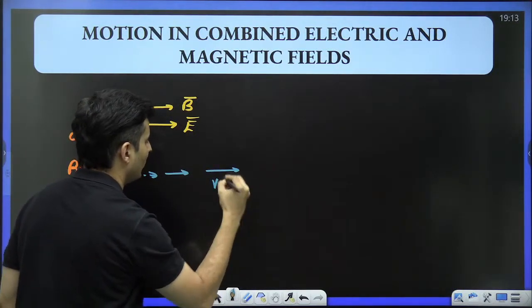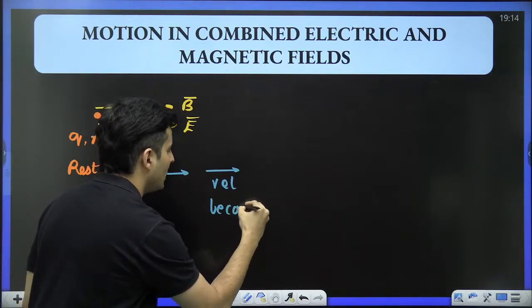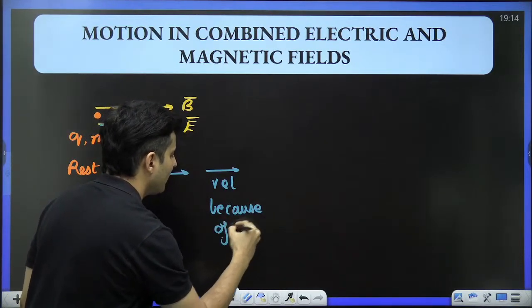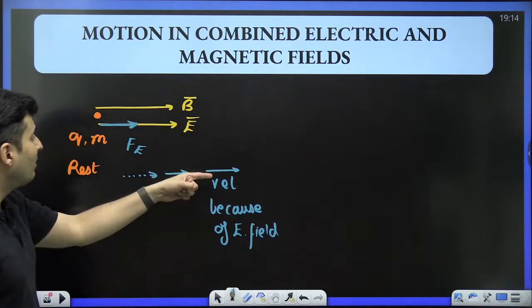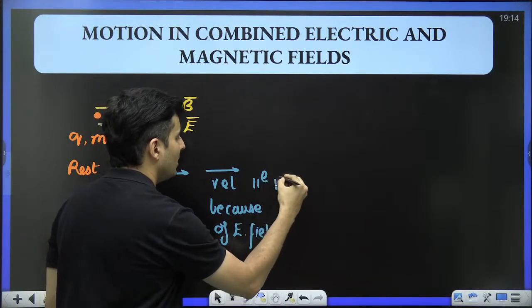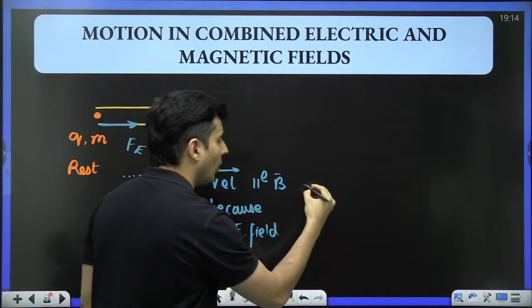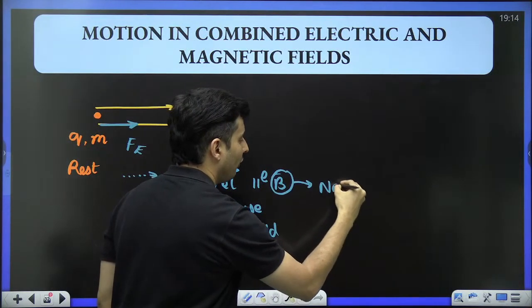Because of that, the particle will acquire some velocity, only because of the electric field. But this velocity is parallel to the magnetic field B. So, can I say this magnetic field will apply no force?